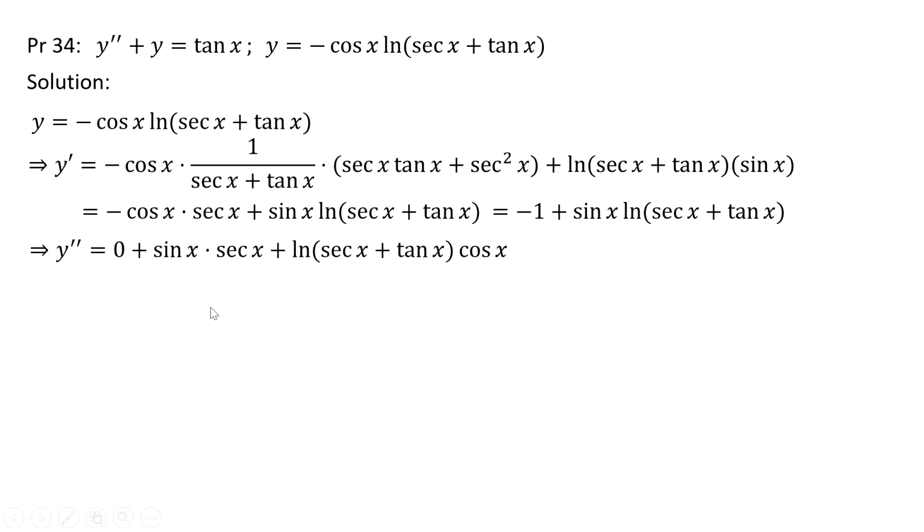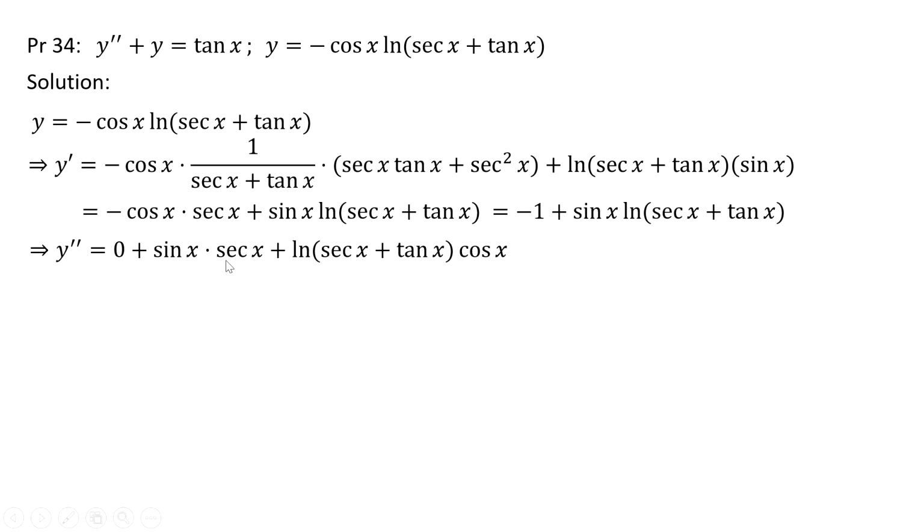Now, if you do that, a second derivative is easy to find. The derivative of -1 is 0. Sine x times, again, the derivative of natural log of secant x plus tangent x. We don't have to do all of this stuff. We simply say that must be just secant x, the derivative of that. That's what I did.